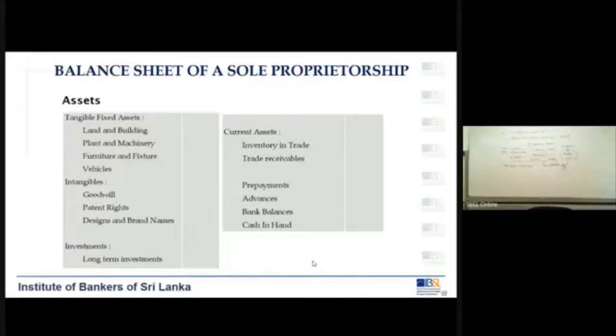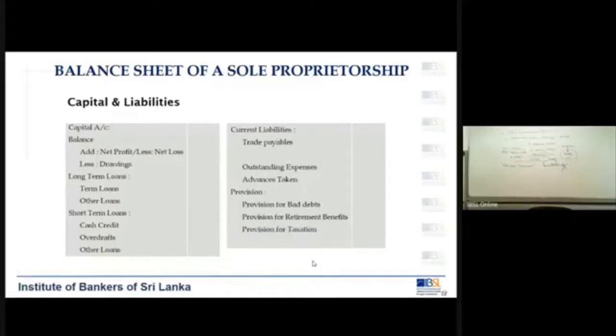And that comprises the total assets of your business's balance sheet. So these items will be the total assets of your business. Then we go and look at what the capital items and liabilities are.